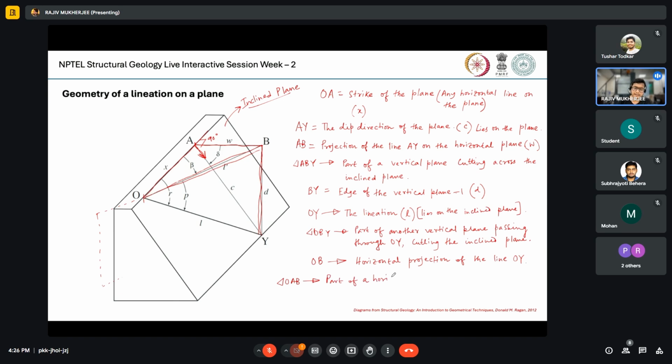So OAB basically is part of a horizontal plane intersecting the inclined plane.